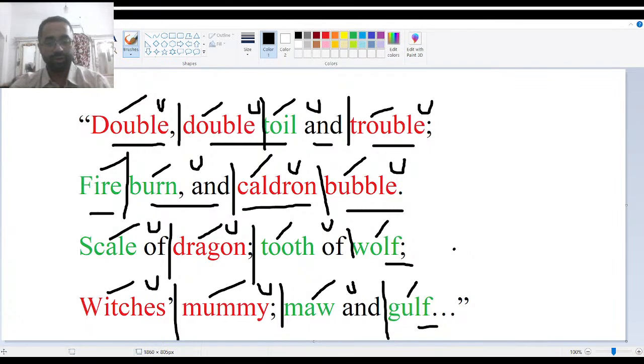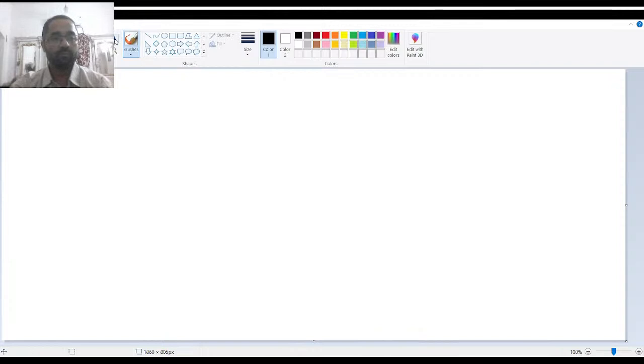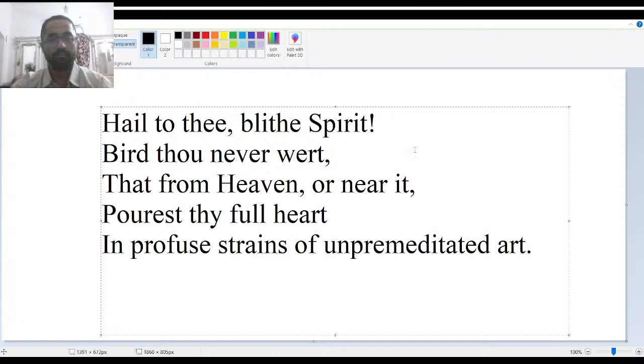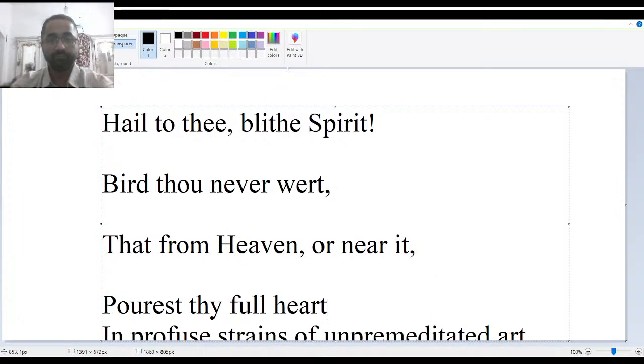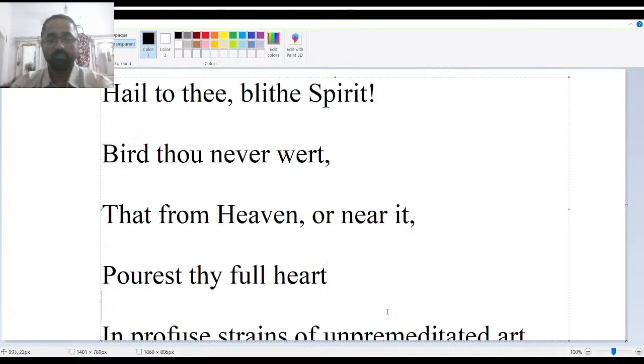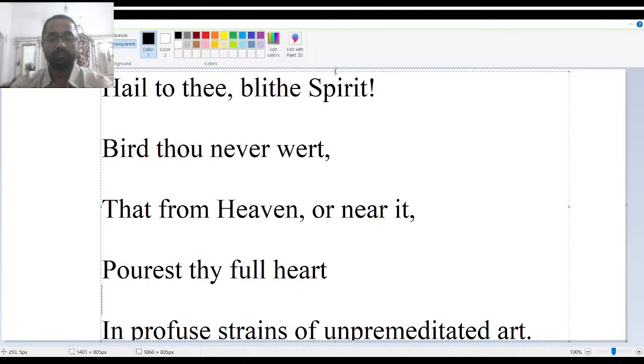Let's look at a poem by Shelley. To a Skylark, by P.B. Shelley.